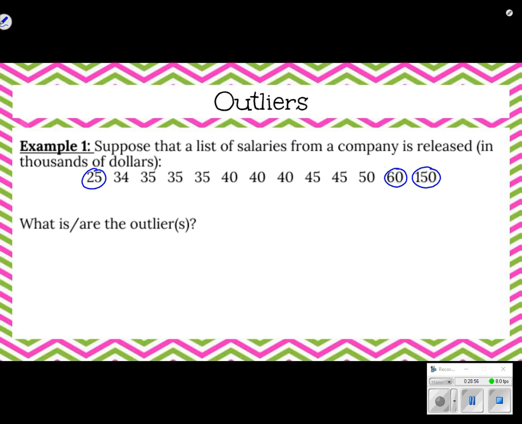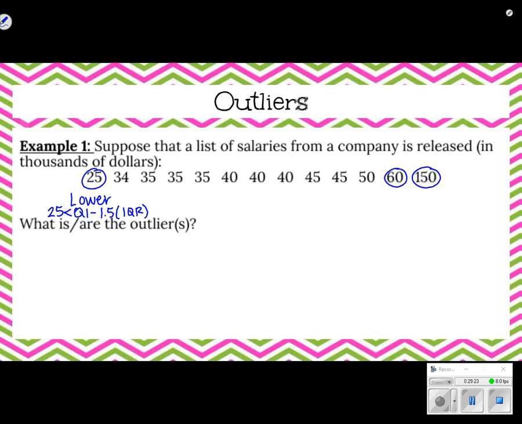We need some proof. So this is on the lower end, and so because it's on the lower end, we're going to do the Q1 minus 1.5 times the IQR. And if 25 is less than that, then we are going to have a lower end outlier.